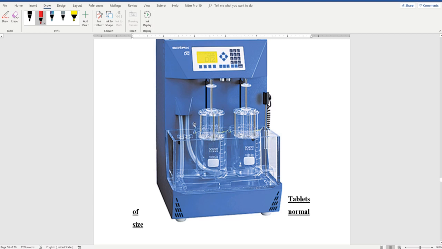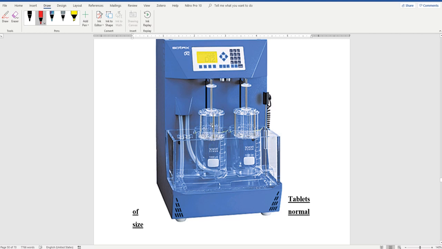How many minutes do you operate for uncoated tablets? You operate for 15 minutes. Then you check the tablets. So how many tablets are there? There should be 6 tablets, 1 tablet in each tube.